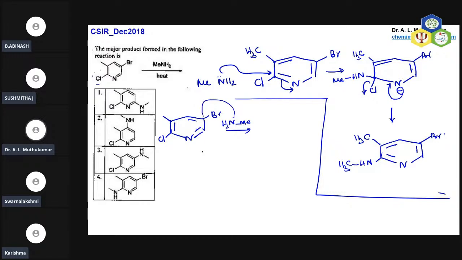The lone pair will be attacking here. This electron may go here, this electron may go here, or it may come here. In any case, you will not get the negative charge on the nitrogen atom. That means C2 position is always more reactive. Nucleophilic substitution of pyridine at the C3 position will not take place. That is, only the chlorine will be removed. So if you check with the options, option 4 is the right answer.